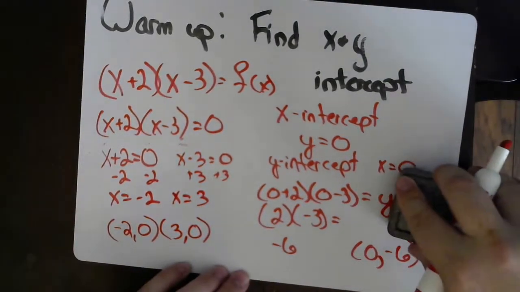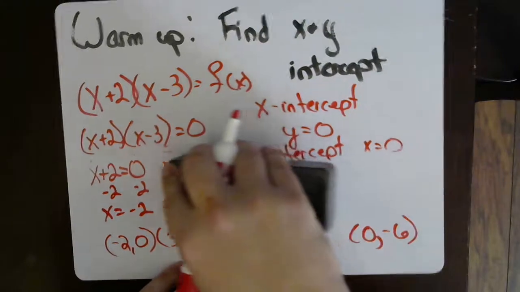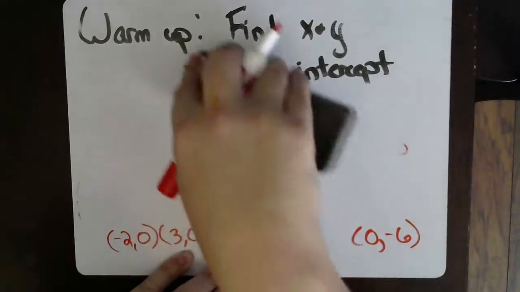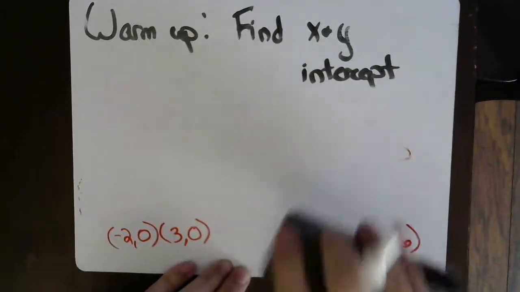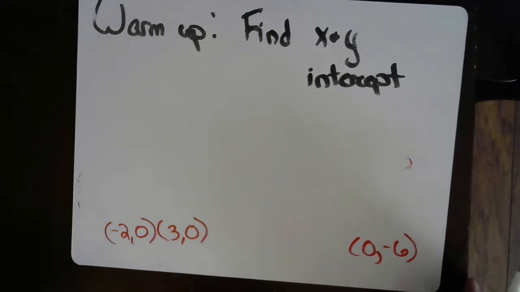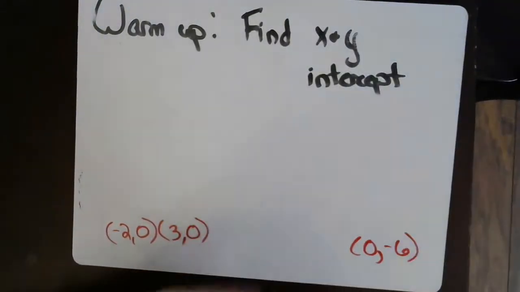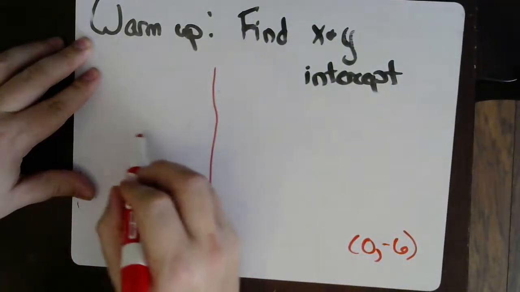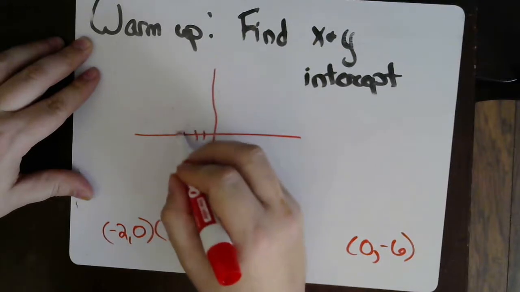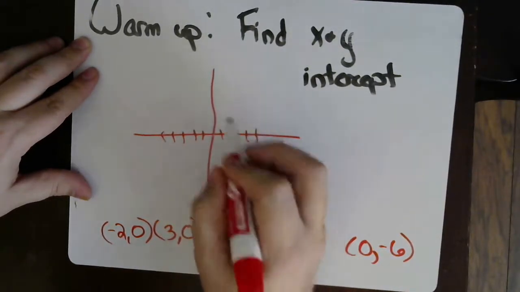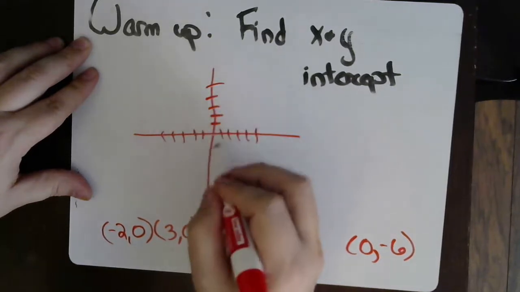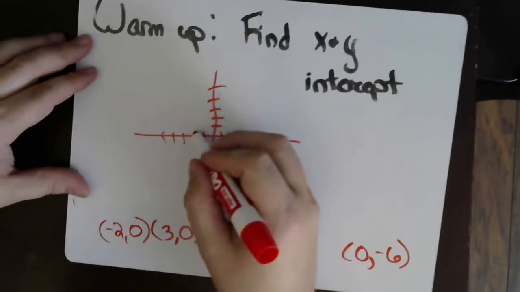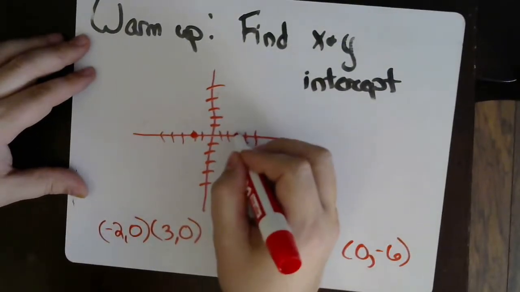Okay, now we're just going to roughly sketch this. We don't really know the graph 100% because all we're looking for is x and y intercepts, and that's about it. Hopefully, you guys know end behavior, but beyond that, it's pretty good. All right, plot this out. Okay, so negative 2, 0, and 3, 0.